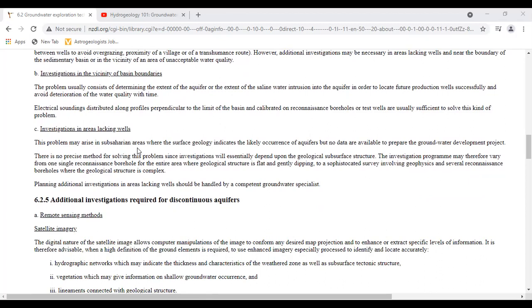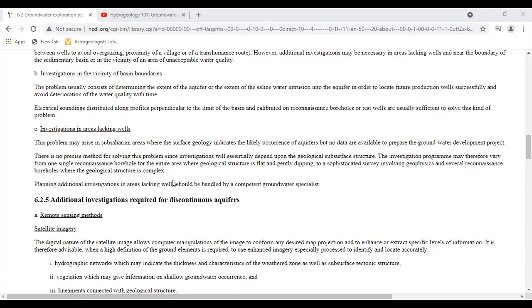in some areas where the surface geology indicates the likely occurrence of aquifers, but no data are available to prepare the groundwater development project. There is no precise method for solving the problem since investigations will essentially depend upon the geological subsurface structure.